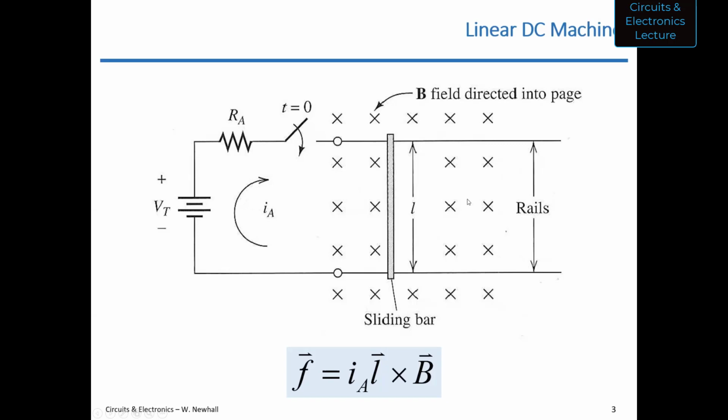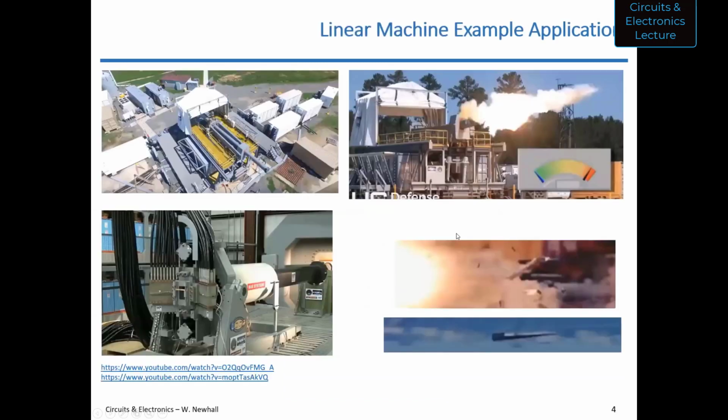Probably the most dramatic example is a railgun. This is an example I got off the web of a naval railgun. It actually fires a projectile with no propellant, no explosion, nothing, no expanding gases here. Well, except for what happens when the projectile itself heats up the air.